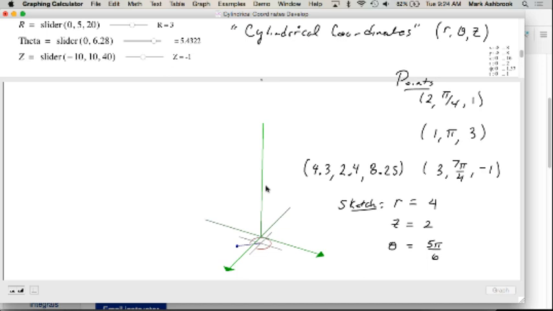It's radius 4, centered at the origin, running along the z-axis. So it's a circular cylinder that has the z-axis as its central axis, right?